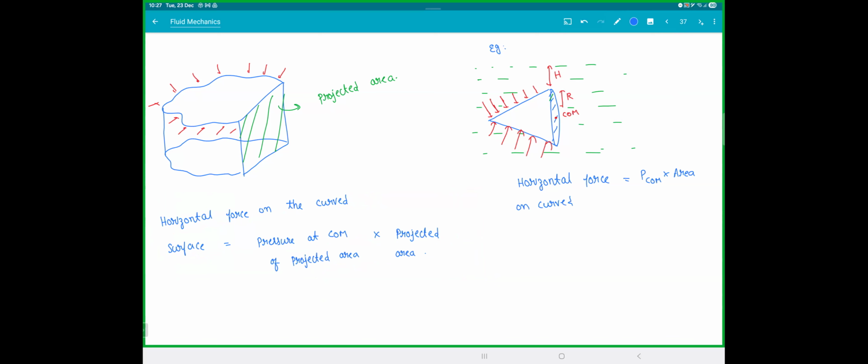So all those red forces' horizontal component. So what is the pressure there? P naught plus rho g (r plus h), into the area of the disk, which is pi r square. Is that making sense?